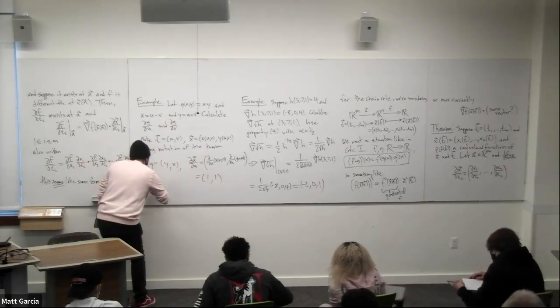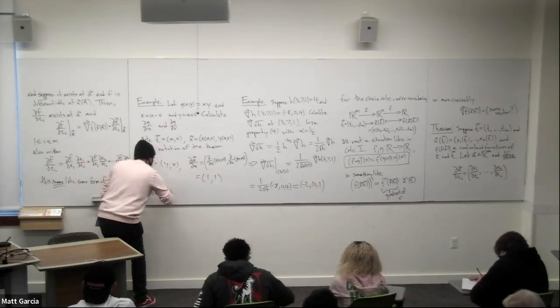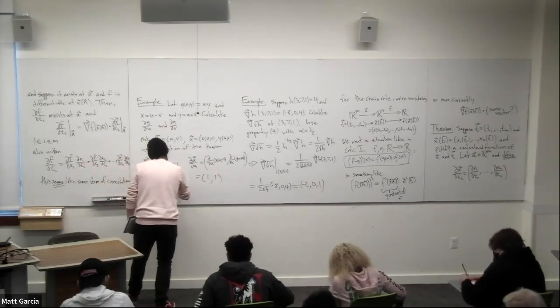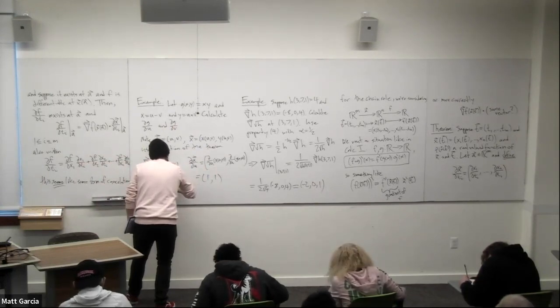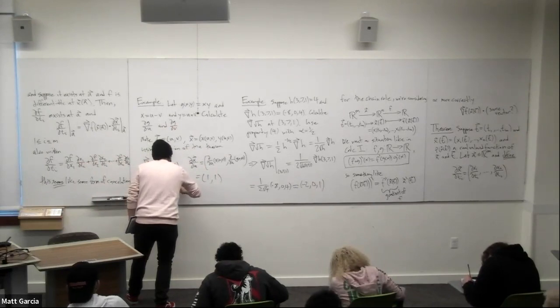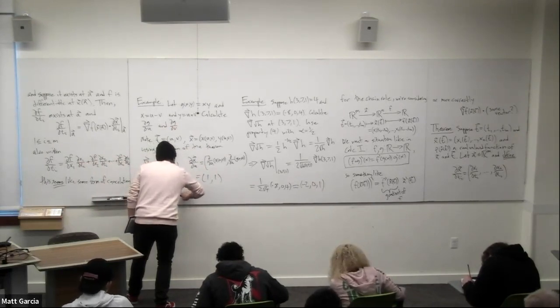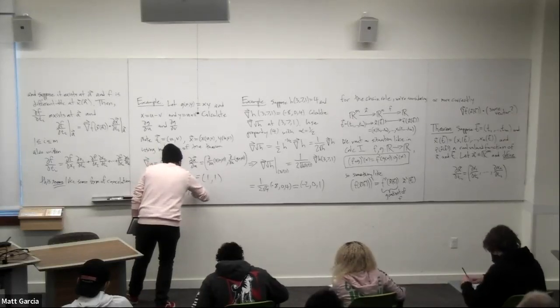So now we'll take the partial derivative of X hat with respect to V, which is the partial derivative with respect to V of X(U, V), comma, the partial derivative with respect to V of Y(U, V).